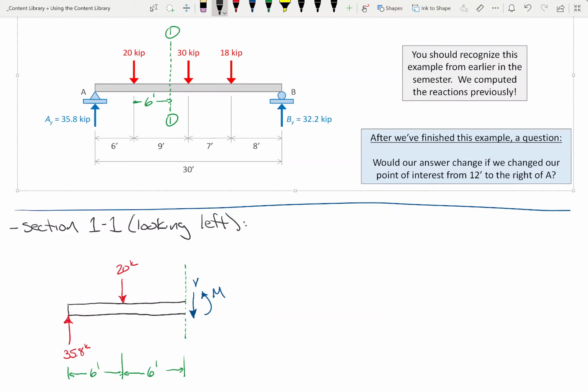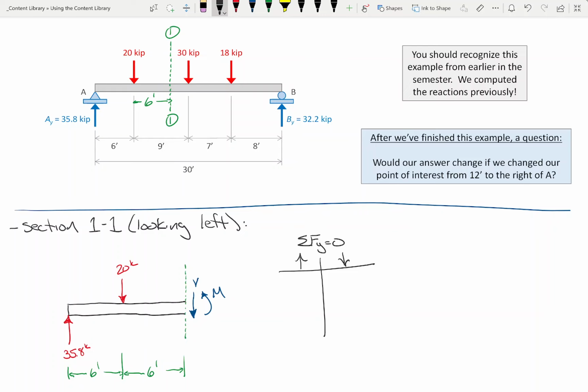Let's do the verticals first. So going up, we have 35.8.